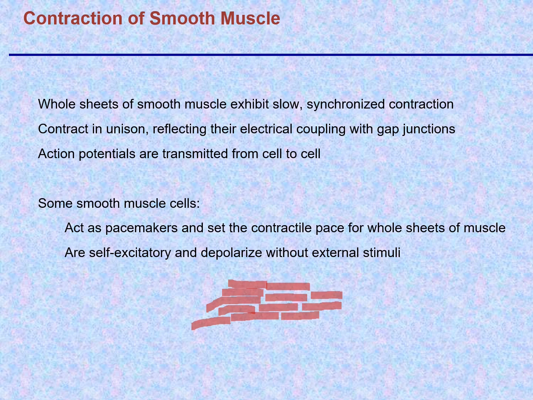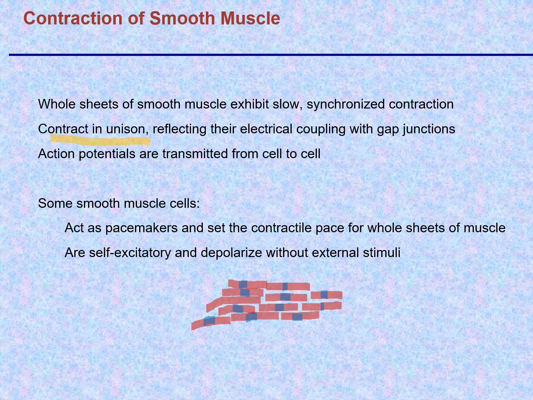I'll try and put in nuclei here for each of these cells, right? So you have a whole sheet of it, and the sheet will contract in a slow synchronized manner together. The tissue contracts typically in unison in that area, reflecting the coupling between the cells, which is due to gap junctions between cells.